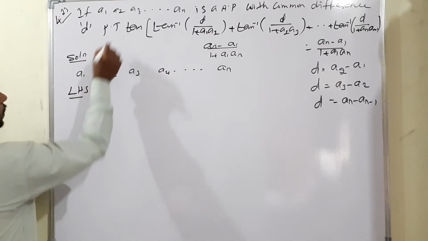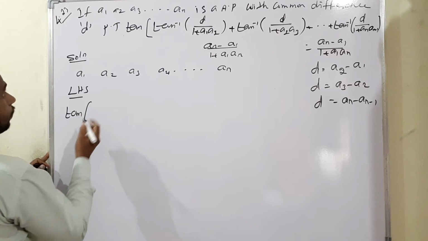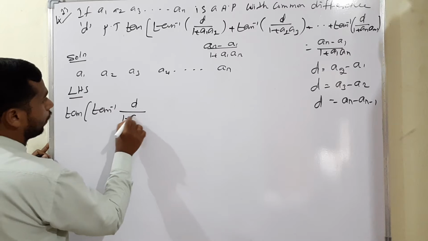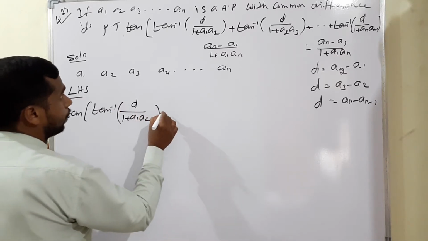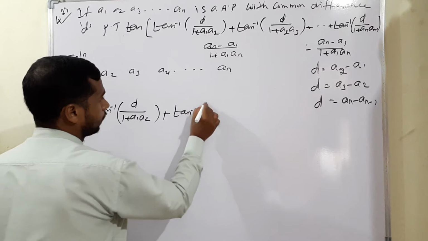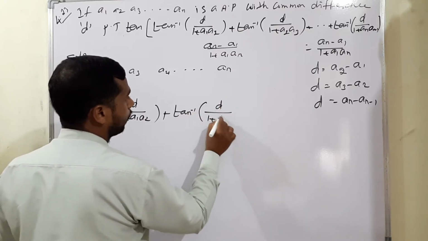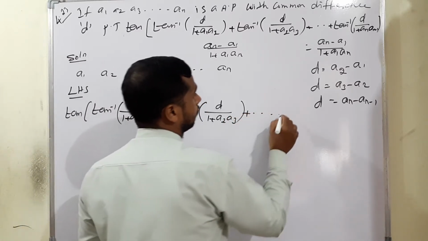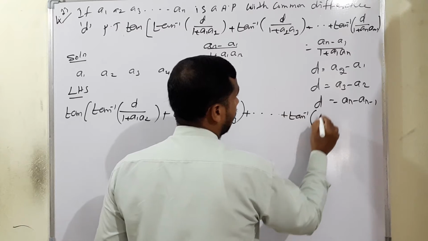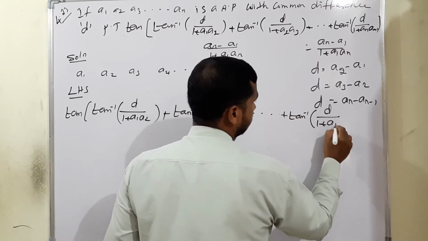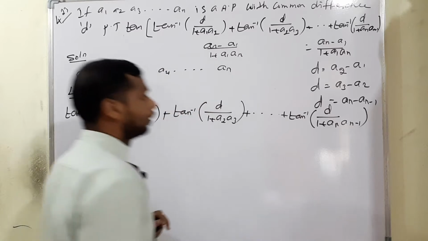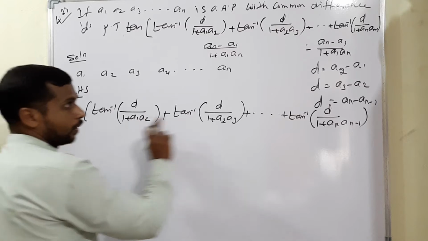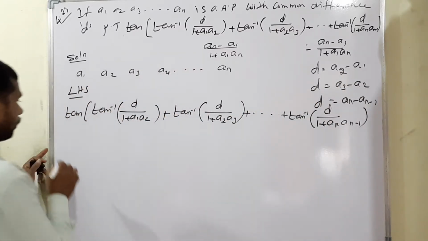So LHS, what is the value? Tan inverse d over 1 plus a1 into a2, plus tan inverse d over 1 plus a2 and a3, plus tan inverse d over 1 plus an into an minus 1. Instead of d, we can apply the difference between second to first. What is the meaning? d is equal to a2 minus a1.